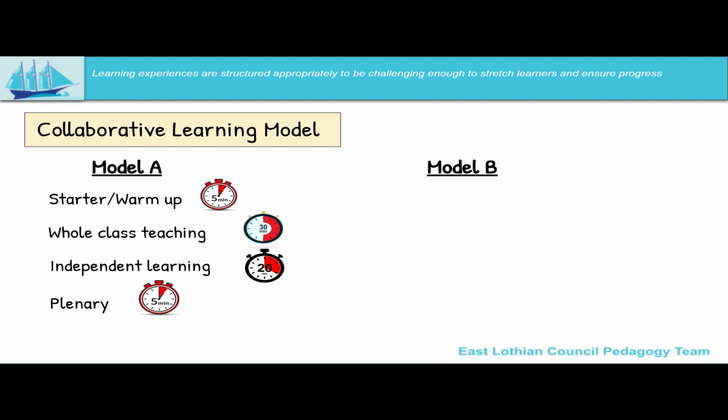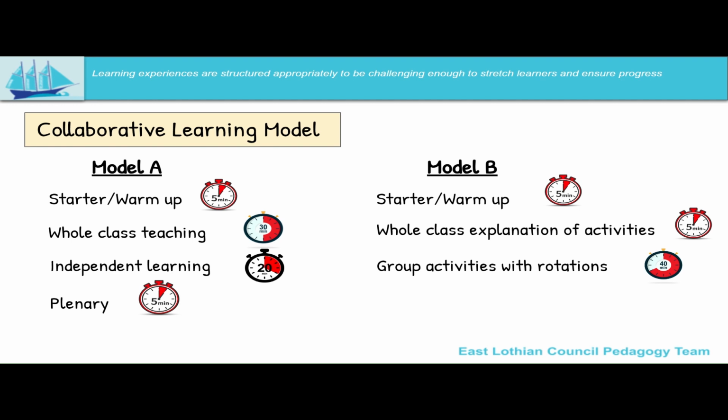Model B offers a slightly different structure. The starter or warm-up part of the lesson is similar to Model A. The main part of the lesson involves learners working in groups to rotate through different stations. The teacher is available to scaffold and support individuals within this rotation. But before this, time needs to be taken for the teacher to explain these activities, outline any resources, and address any difficulties that might arise.